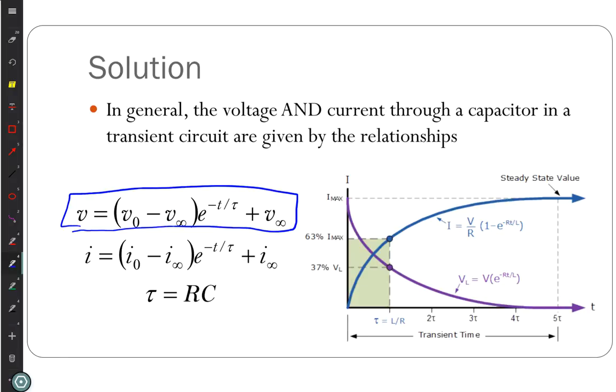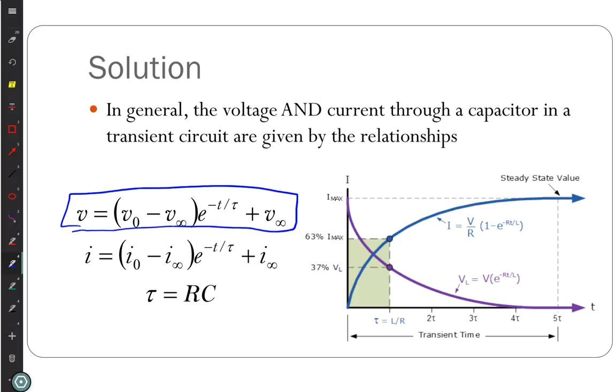If you have a capacitor, what is the I infinity always going to be? 0. Because when you reach equilibrium, your capacitor is no longer changing its voltage, hence the current has to be 0. So for a transient circuit with a capacitor in it, the I infinity is always going to be 0.